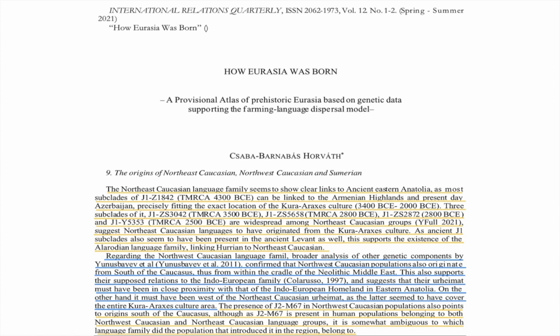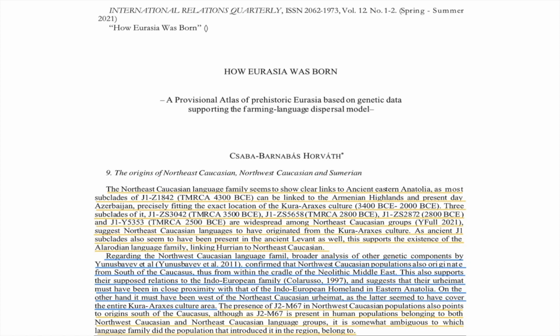Three subclades of it, J1-ZS3042, TMRCA is 3500 BCE, J1-ZS5658, TMRCA is 2800 BCE, J1-ZS2872, 2800 BCE, and J1-Y5353, TMRCA is 2500 BCE, are widespread among Northeast Caucasian groups.